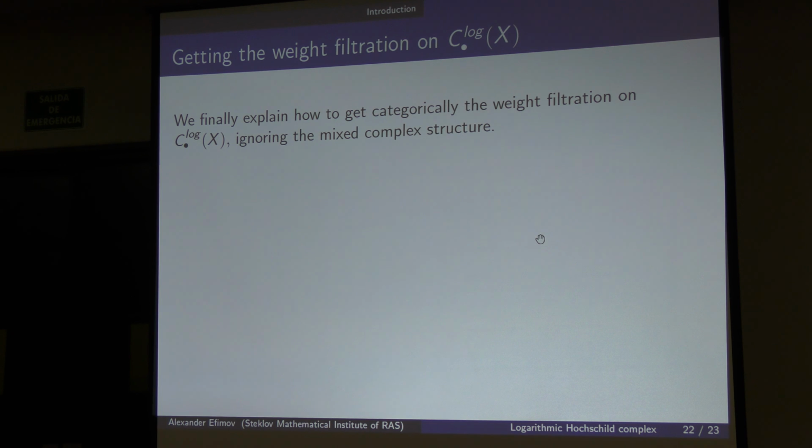Now we finally explain how to get categorically the weight filtration on the logarithmic Hochschild complex. And here we ignore the mixed complex structure, so just on the vector space.